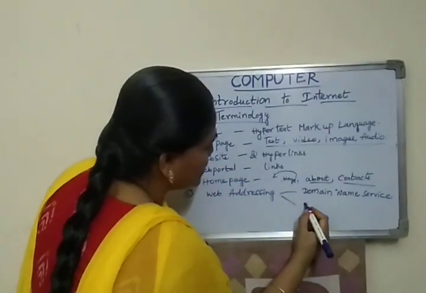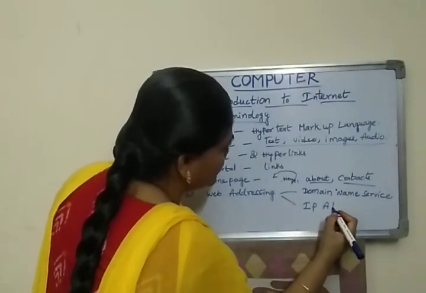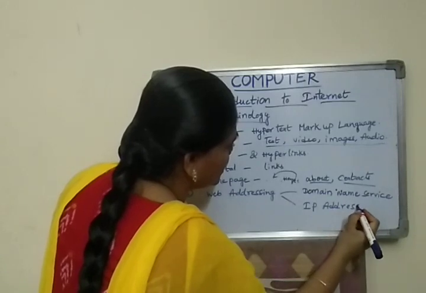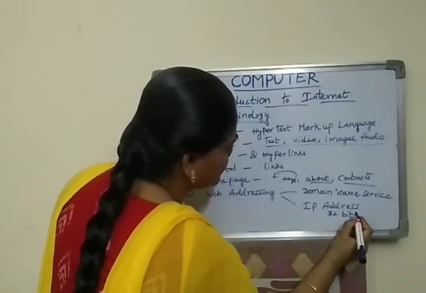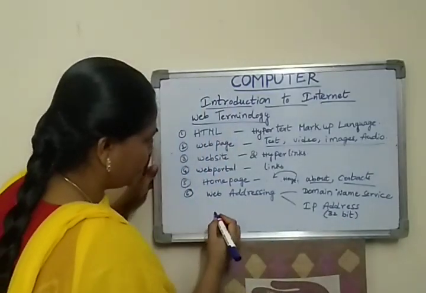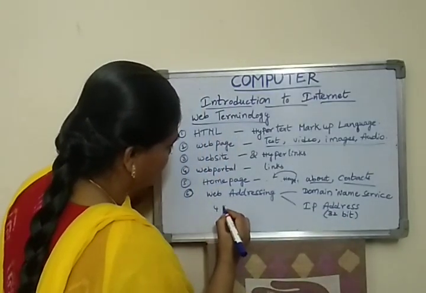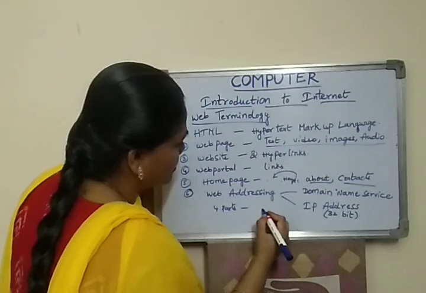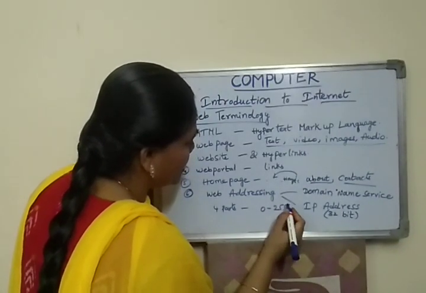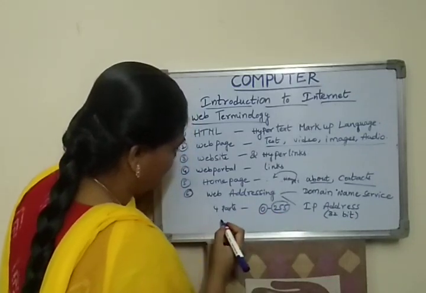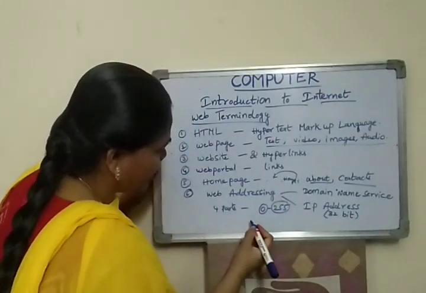Next one is IP address. Internet protocol address is a 32-bit address, and it is divided into 4 parts. Each part is in the range of 0 to 255, and divided with periods.